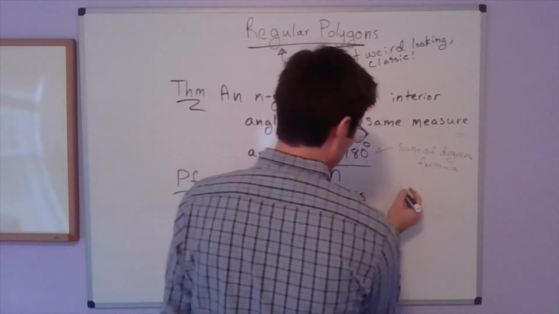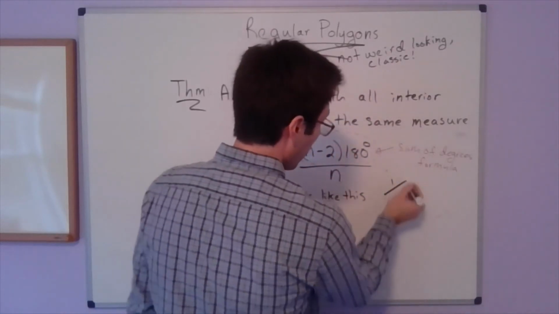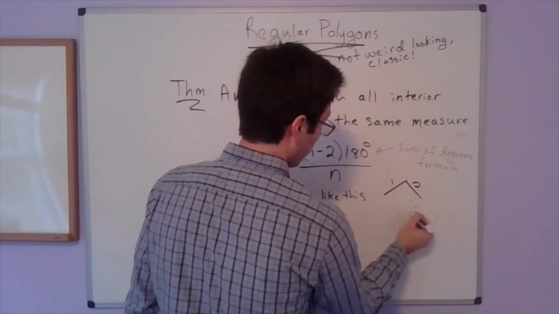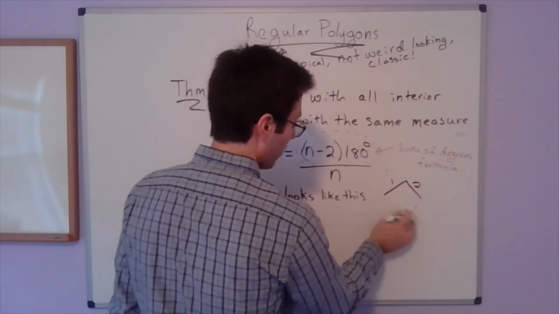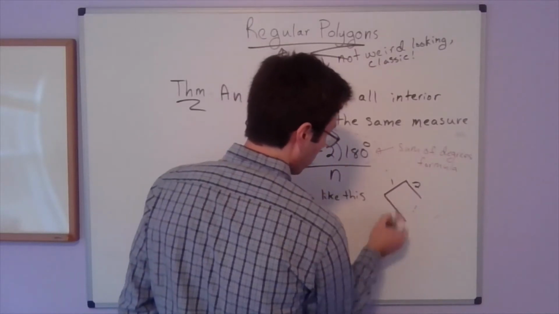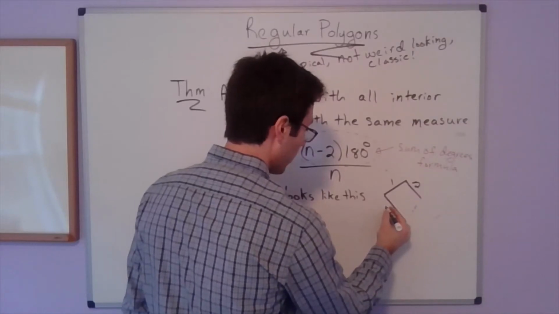It would be something that looks like this: there's one side length, here's 2, and then we have some other side lengths here, and then it comes back around on itself. So we're going 1, 2, 3, 4, 5, 6, 7, 8, 9, n. It ends on n.